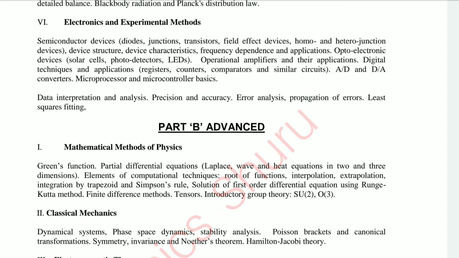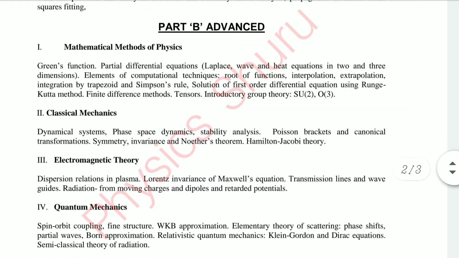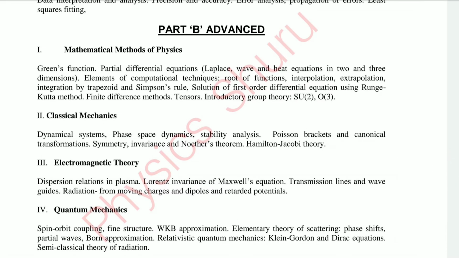In this advanced category you have to read the first unit, mathematical methods of physics: Green's functions, partial differential equations, Laplace, wave and heat equations in 2 and 3 dimensions, elements of computational techniques, roots of functions, interpolation, extrapolation, integration by trapezoidal and Simpson's rule, solution of first order differential equations using the Runge-Kutta method, finite difference methods, tensors, introductory group theory, that is SU2 or O3. And next unit, classical mechanics.